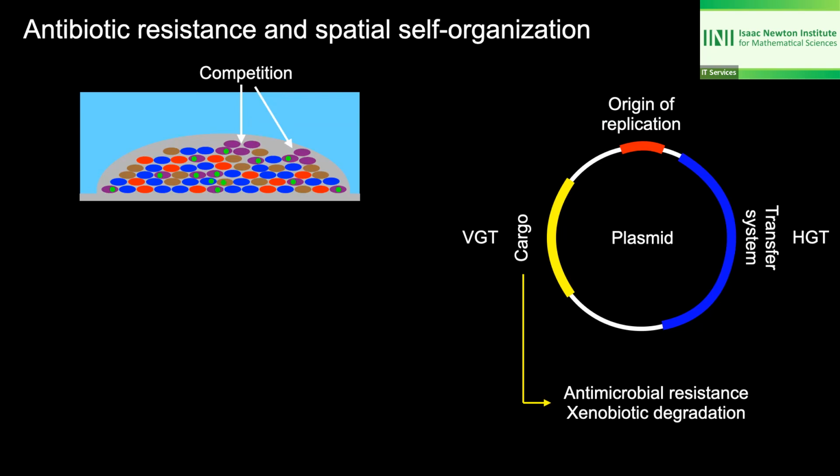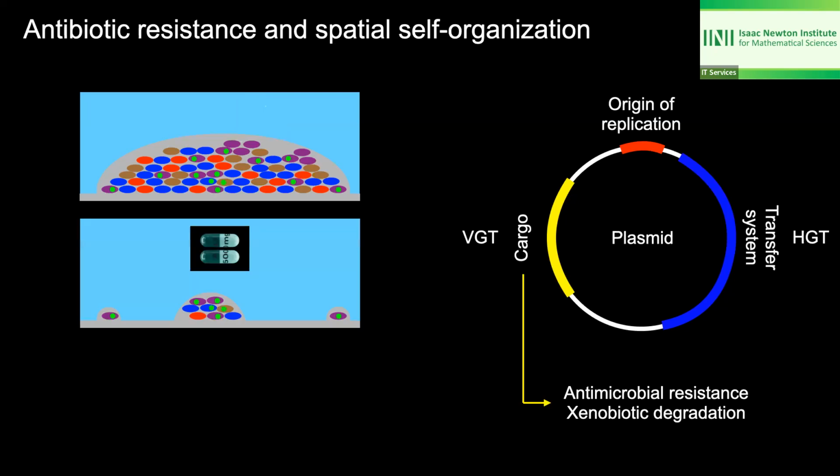So what I want to talk about, though, is that we have this spatial arrangement or spatial self-organization within a biofilm, and how does that direct the fate of that plasmid if we then impose positive selection for the plasmid?